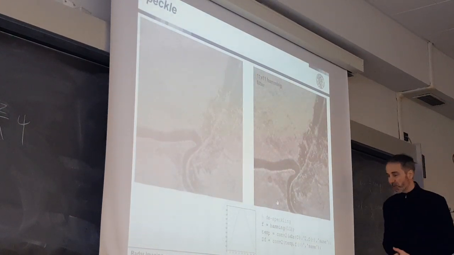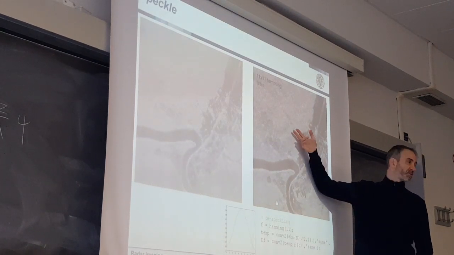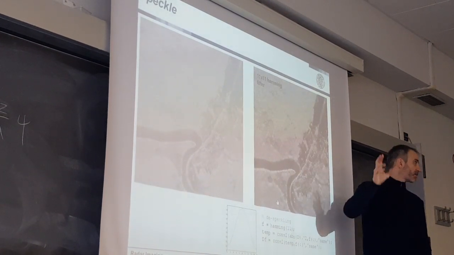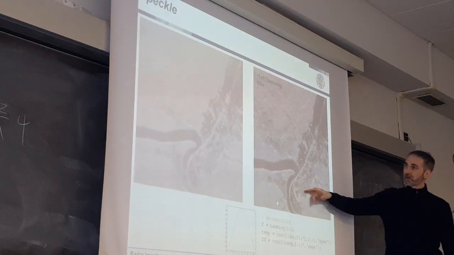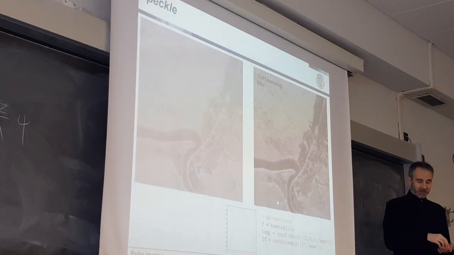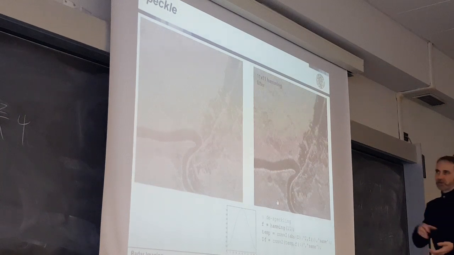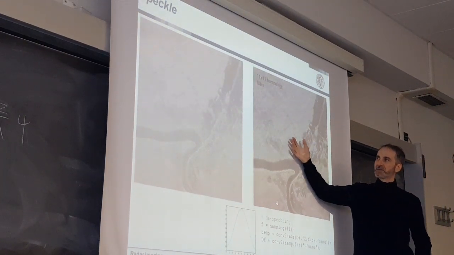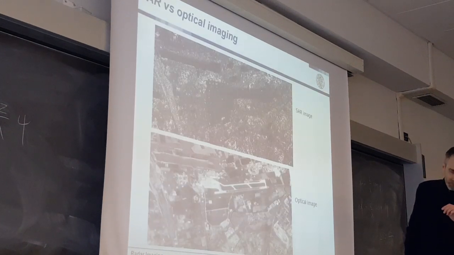Well, the most simple thing to do is to just take the absolute value of the pixel and do a local average. And in this way, since you can look at the pixel in terms of a random variable, then by local average, you can decrease this phenomenon.